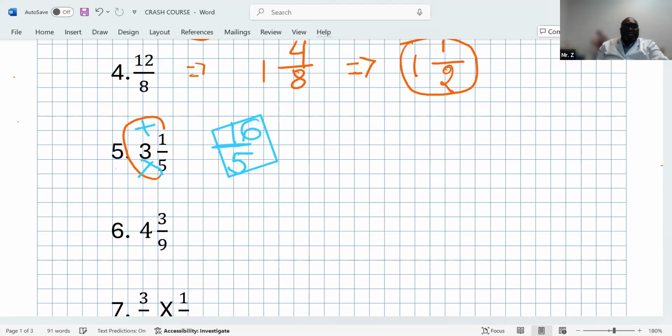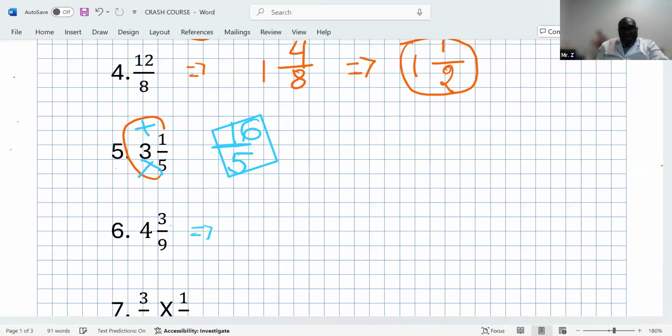An improper fraction is a fraction where the top number is bigger than the bottom number. So let's do number 6. Let's work on number 6, dear friend. Okay, so what we're going to do, you can see right here, you can simplify that one.